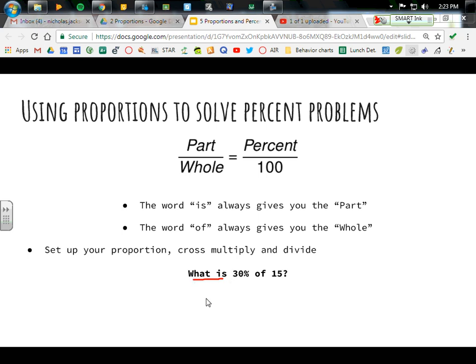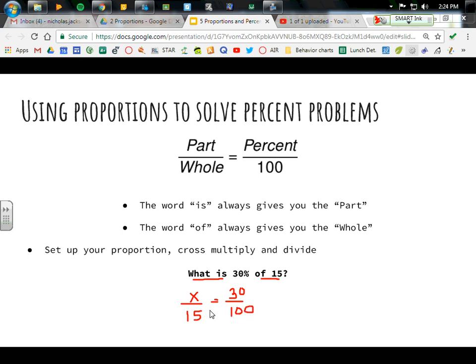So we'll put x on the top, as the numerator of our ratio, over 15. The word "of" is always associated with the whole, so that means that 15 is the whole thing. So we're looking to find out what part of 15 makes up 30%. So the other ratio is just going to be 30 out of 100.